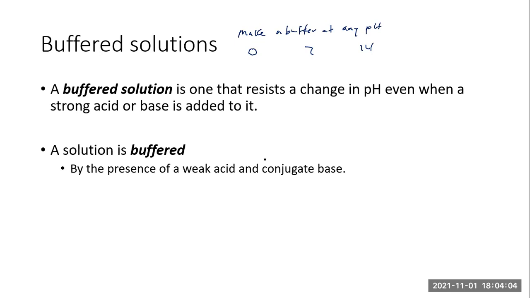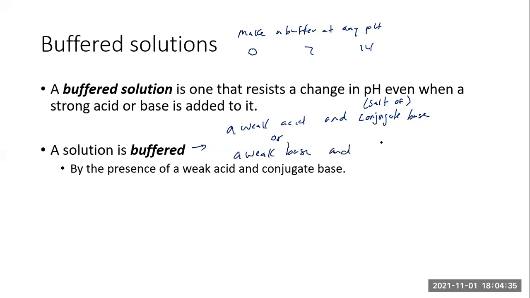A buffer is made out of basically one of two combinations: a weak acid and its conjugate base, or it's sometimes referred to as the salt of its conjugate base. Or you can make a buffer out of a weak base and the salt of its conjugate acid.